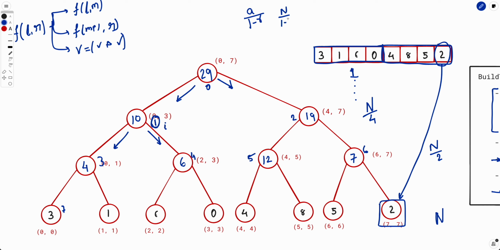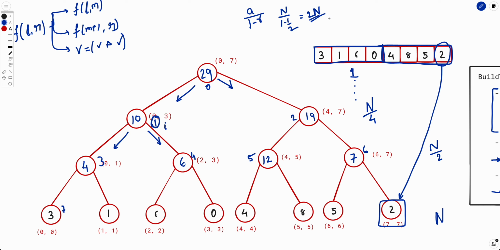So 1 minus 1 by 2. So this would come out to be 2n, right? So basically, the number of nodes here would be 2n, given n is a power of 2. If n is not a power of 2, we will make it the nearest power of 2, and then the number of nodes required will be 2n, right?